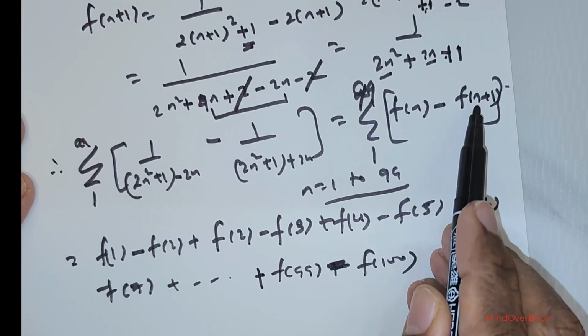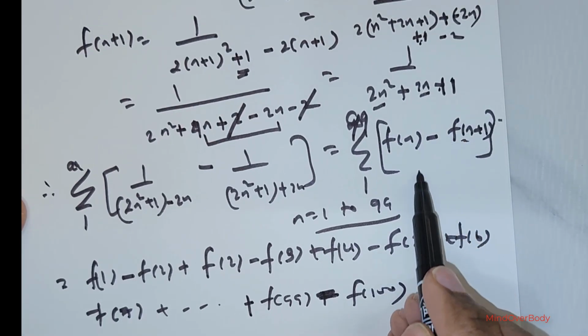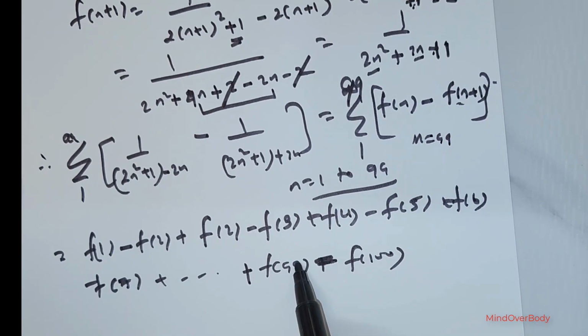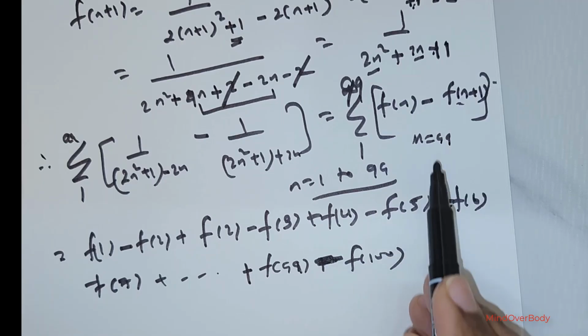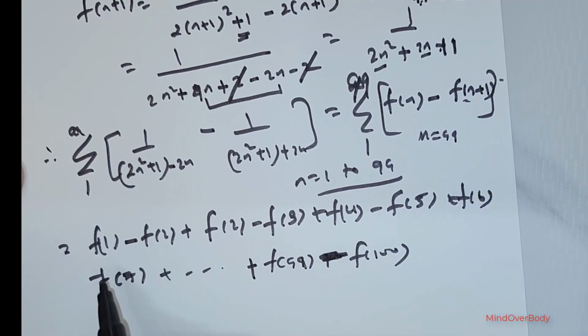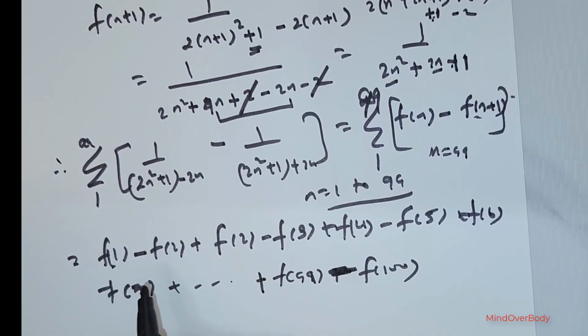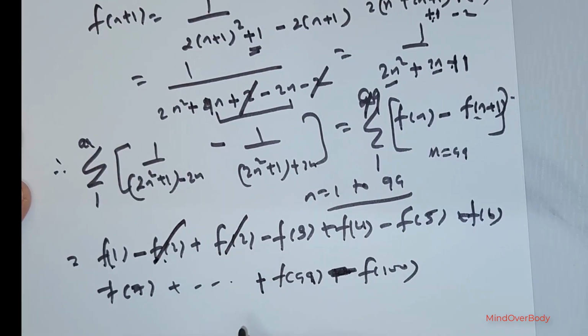If you substitute n equal to 99, this will be f of 99 followed by negative f of 99 plus 1, which gives me 100. So the first term will not be affected. Second term, third term goes off.